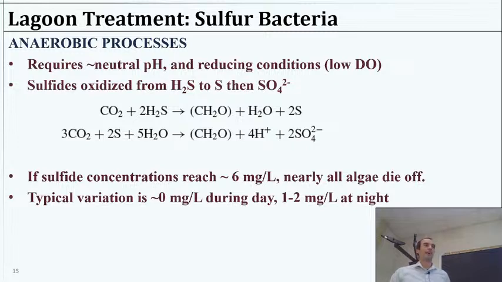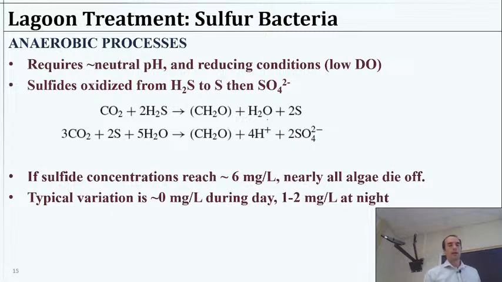So even less algae, right? Less than zero somehow. So that's a potential major issue. But typically, you'll have a variation between 0 hydrogen sulfide during the day when you've got the sunlight, and then you'll have some buildup at night, 1 to 2 milligrams per liter.